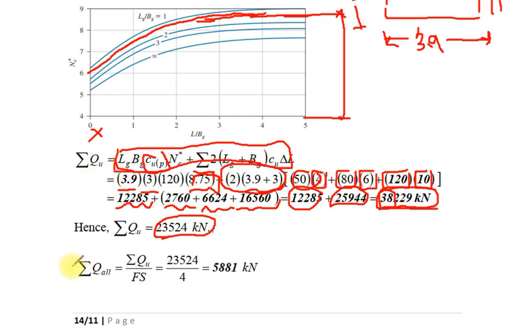Now, to get the allowable bearing capacity, divide the ultimate bearing capacity by the factor of safety 4. You get the following value: 5,881 kilonewton, or 588 in tons.